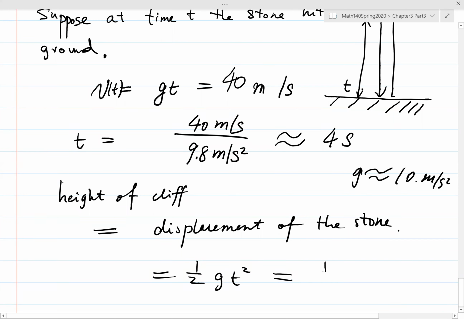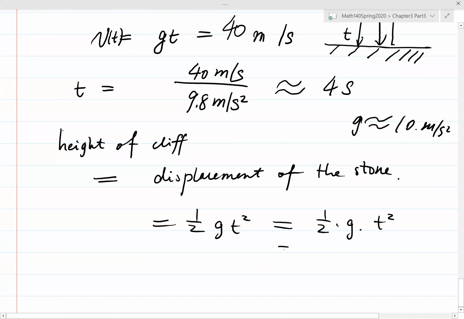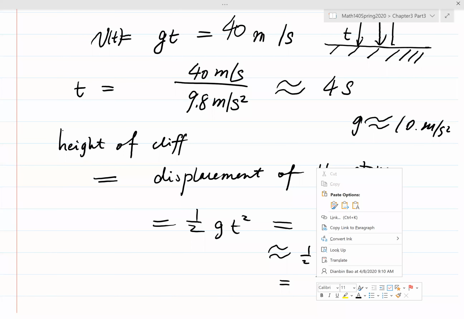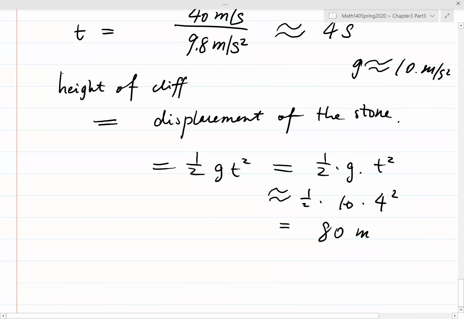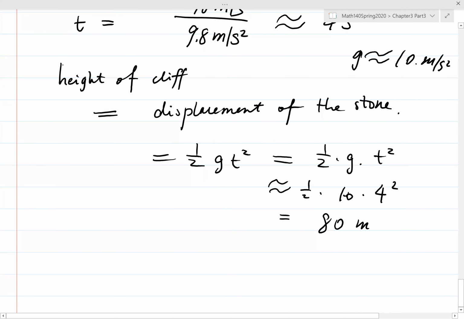So it's 1/2 times 9.8 times 4 squared. If you take g to be 10, just a rough estimate, this is 1/2 times 10 times 16, so 16 divided by 2 is 8, so it's 80. So 80 meters. The height of the cliff is 80 meters.